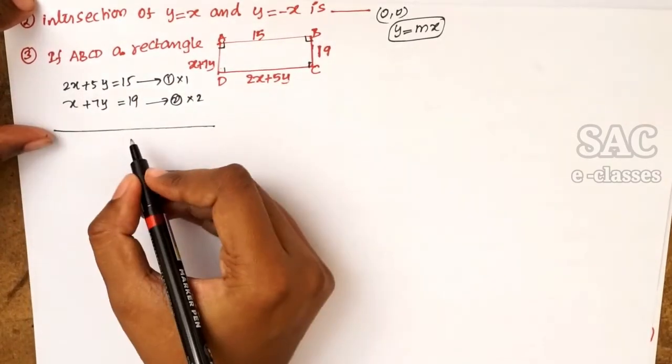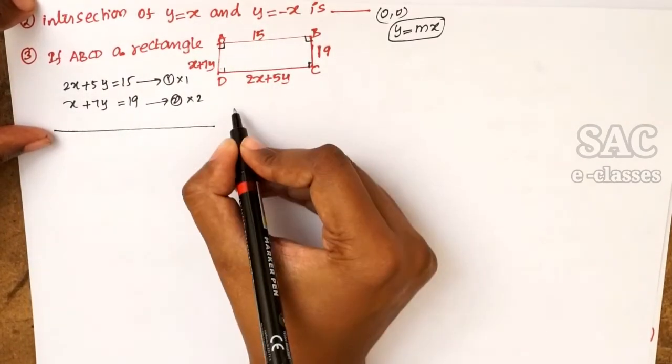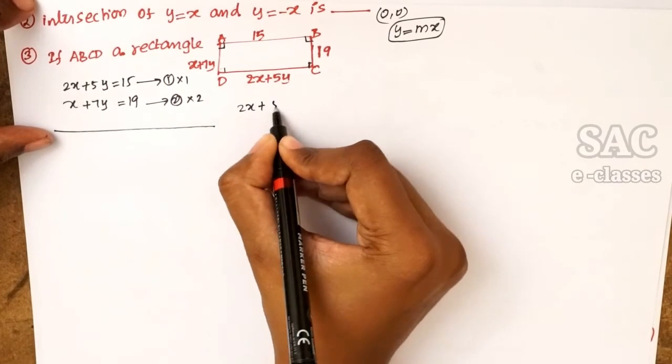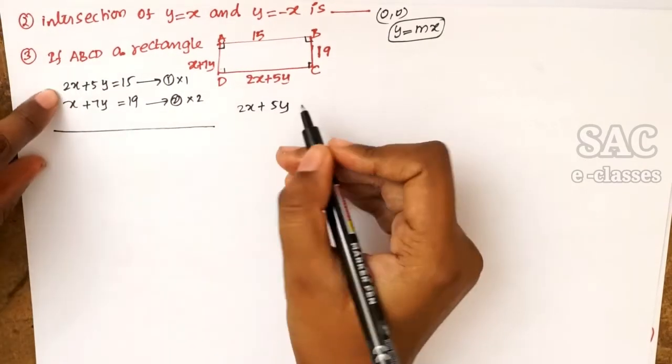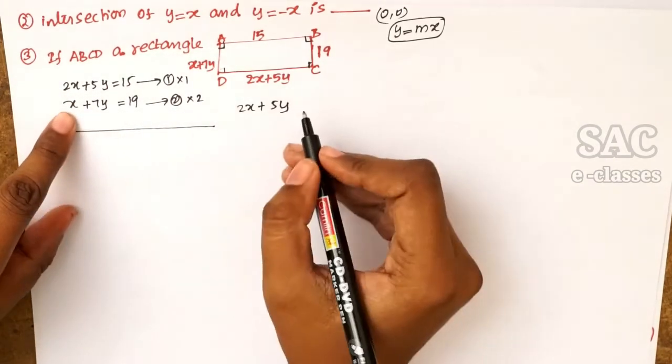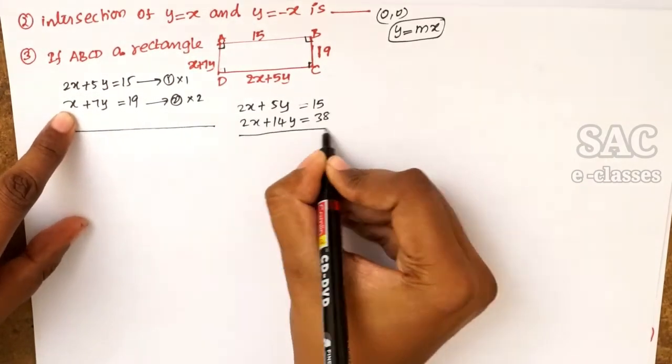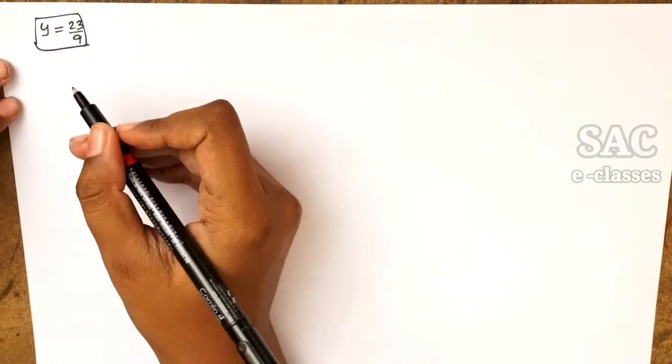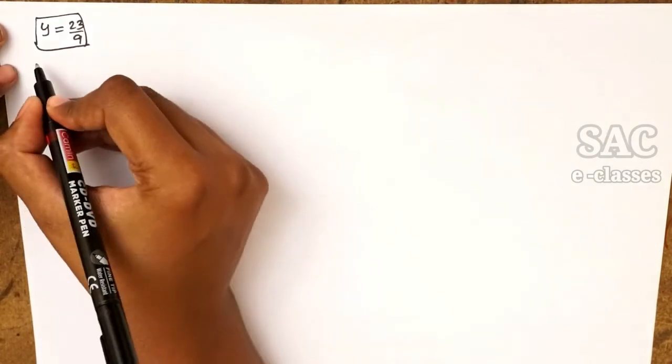I am solving with the help of the elimination method. I am eliminating the x, so I multiplied this with 1 and here it is multiplied with 2. We got the y value equal to 23 by 9.